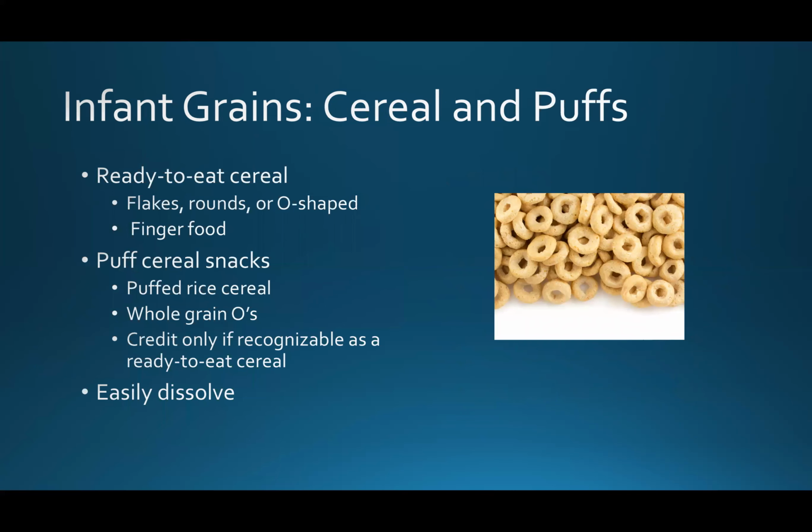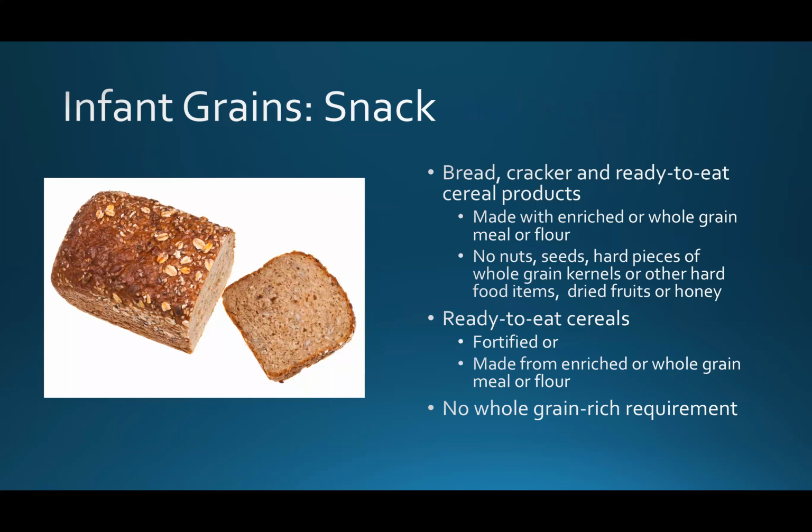Puff cereal snacks may resemble puffed rice cereal or whole grain oats and be credited only if they are recognizable as a ready-to-eat cereal. They should easily dissolve in an infant's mouth. All bread, cracker, and ready-to-eat cereal products must be made with enriched or whole grain meal or flour.